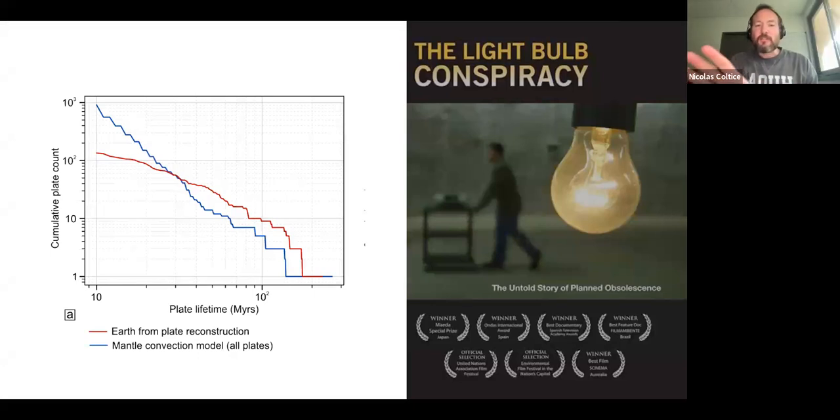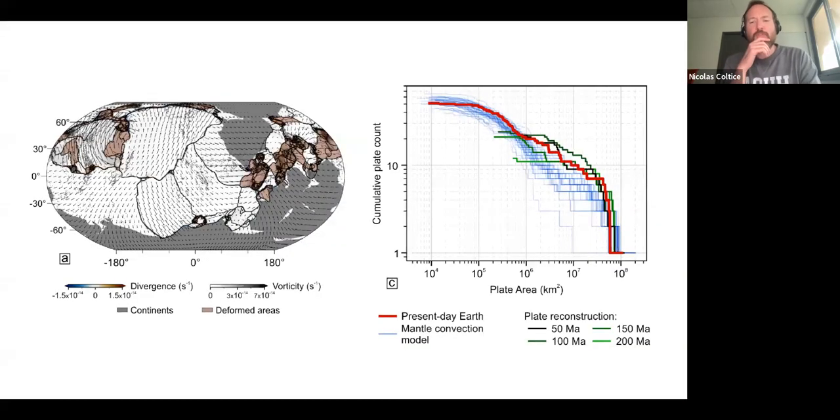Well, there is lots of physics to do to understand what's behind this type of distribution. But we can make this type of distribution from the models, and we can look at the distribution of the area of plates that you can see here. You can see a snapshot of the model where you have the plate layout with the deformed areas. Here it's about, I think, 10 to 20% of the area of the model, which is quite similar to what you have on Earth.